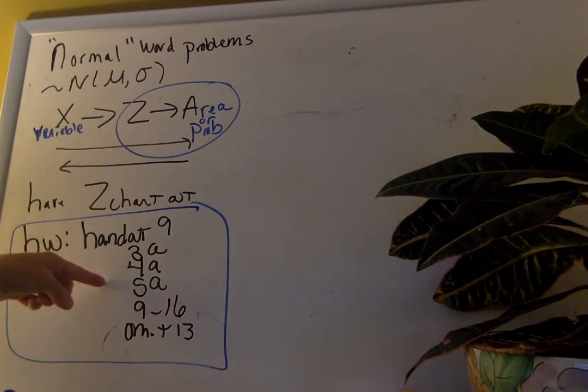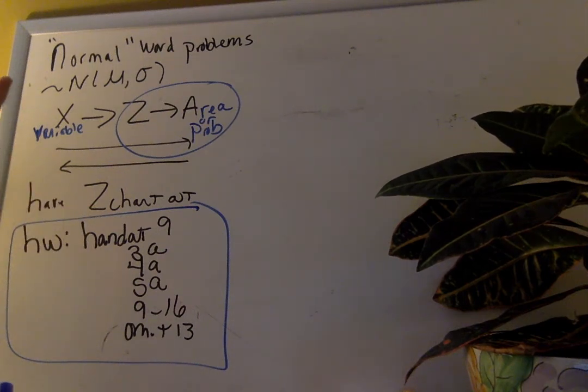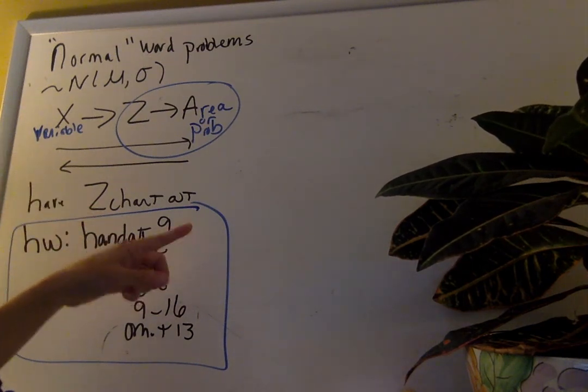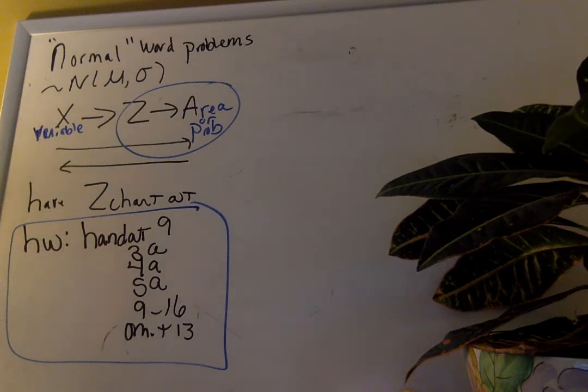This is your precise homework from handout 9 for test 2. 3A, 4A, 5A, 9 through 16, omit 13. Do not tell yourself, oh, I'm going to be a better student and go do 3, B, and C, or I'm going to go do number 7. That is not test 2 material. I have not taught you how to do that.